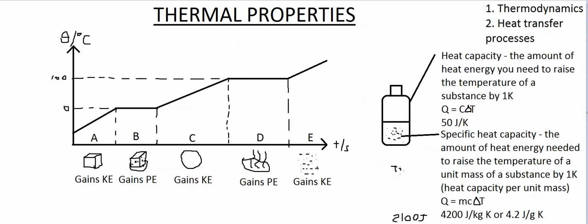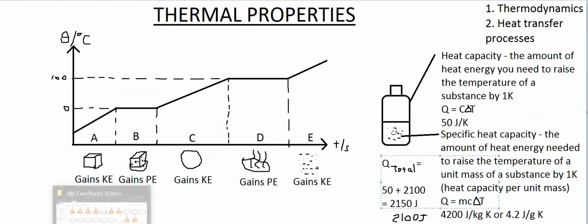Here, the total Q you need is equal to 50 joules to raise the bottle to 29 degrees Celsius, plus 2100 to raise the temperature of the water to 29 degrees Celsius, equals 4150 joules.